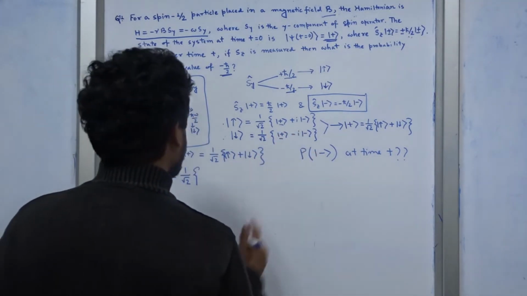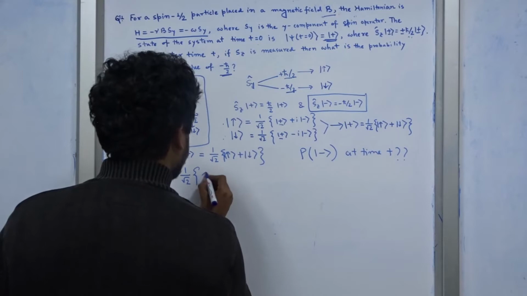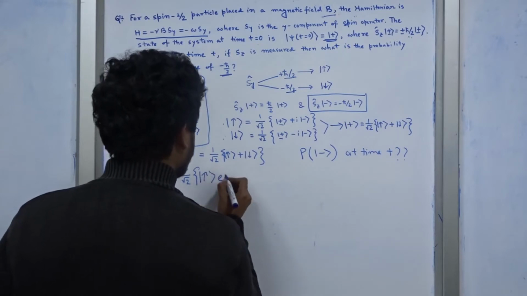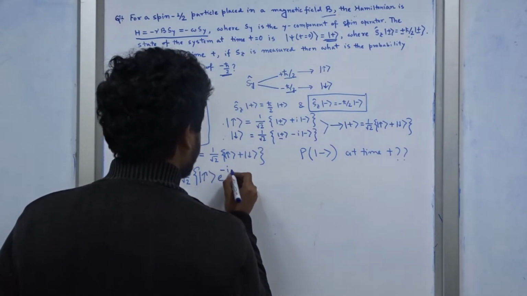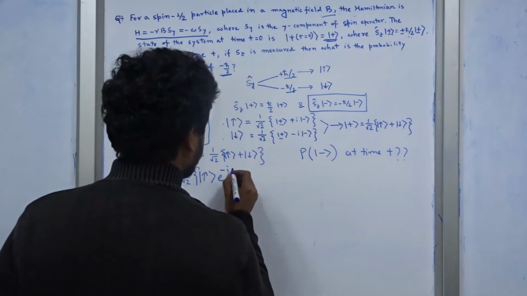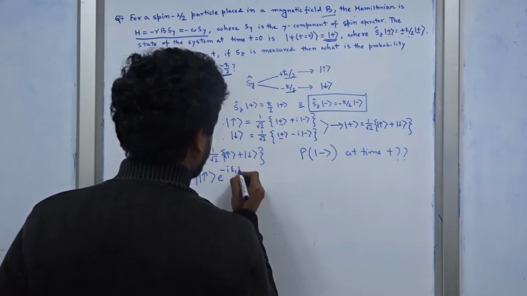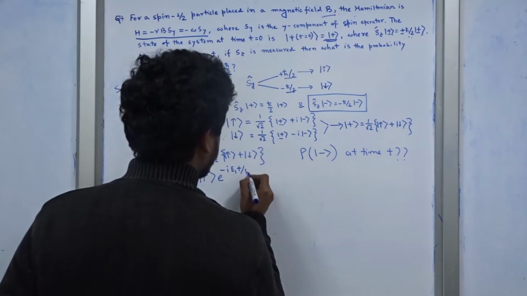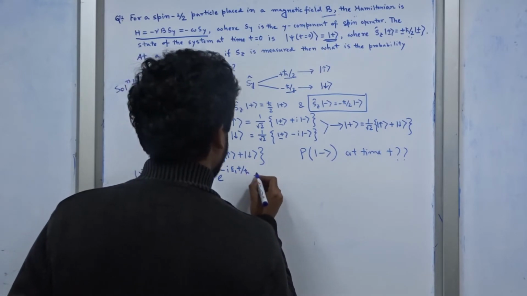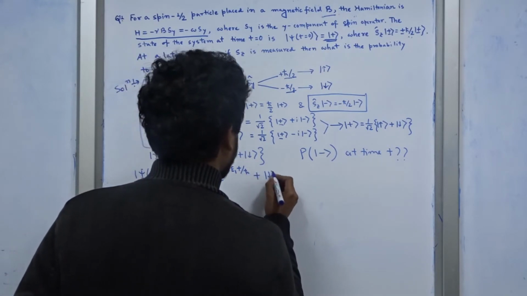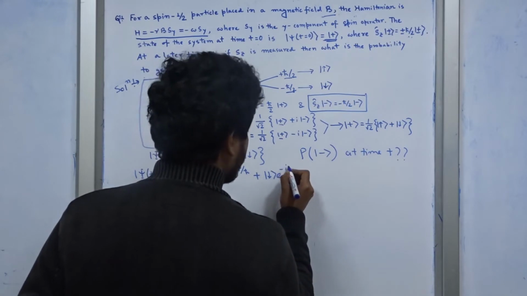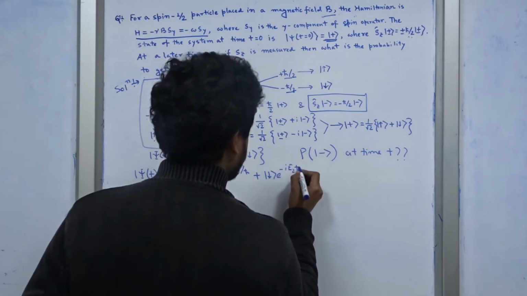So they are just multiplied by a phase factor and undergo free evolution. I am writing E1 and E2 for convenience. E1 is the energy eigenvalue of up and E2 is the energy eigenvalue of down.